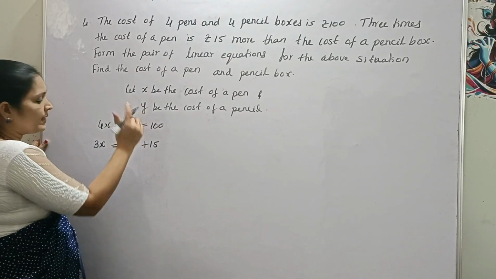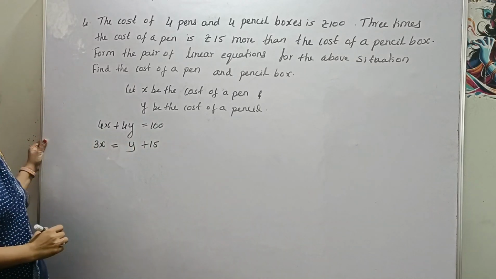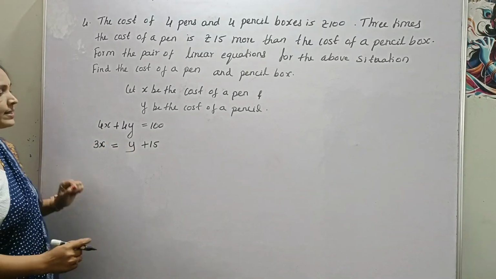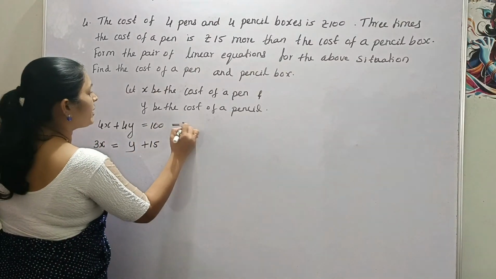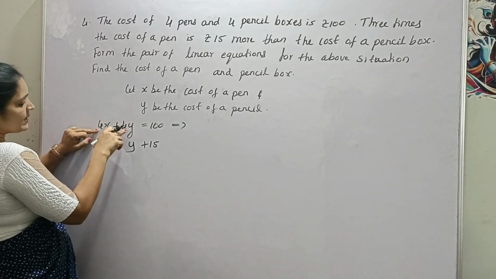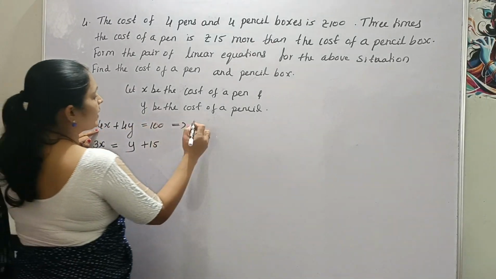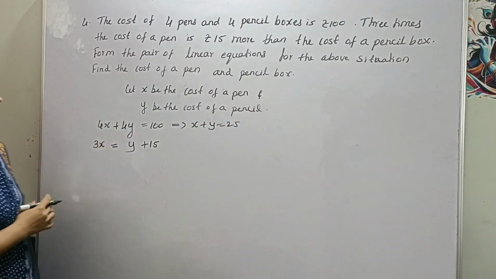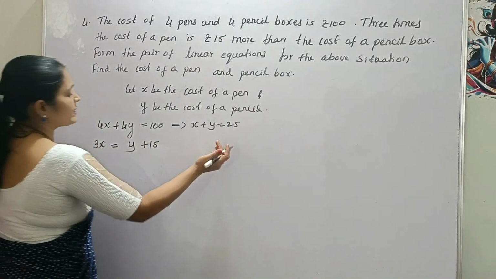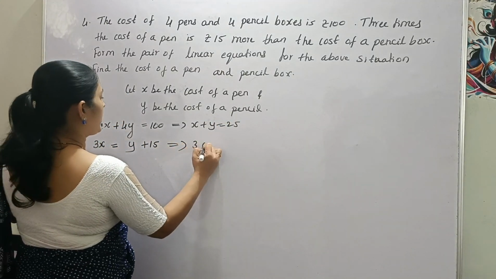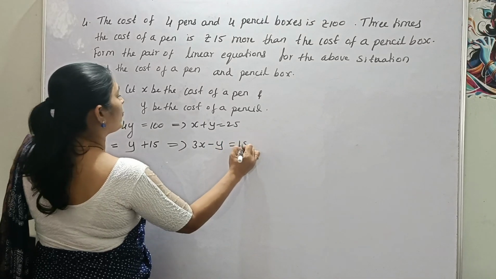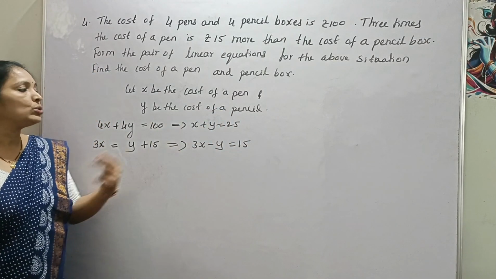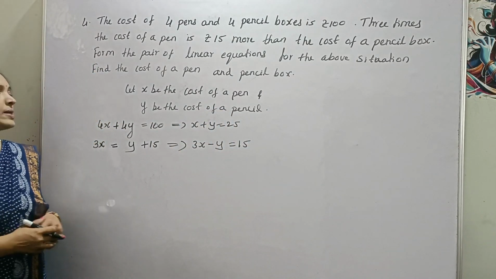Y, right? So y plus 15. 3x is equal to y plus 15. See, this can be reducible, right? 4x plus 4y is equal to 100, that implies x plus y is equal to 25. Here 3x minus y is equal to 15. Okay, we have got 2 linear equations.